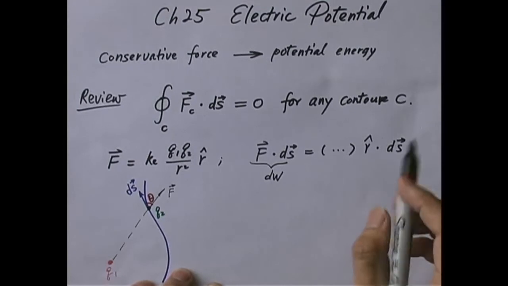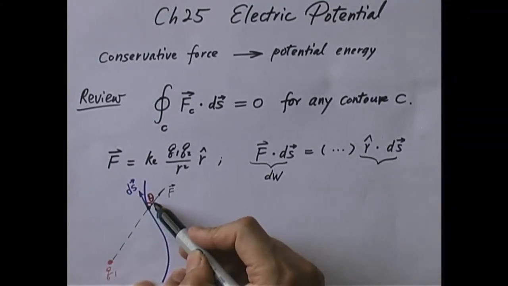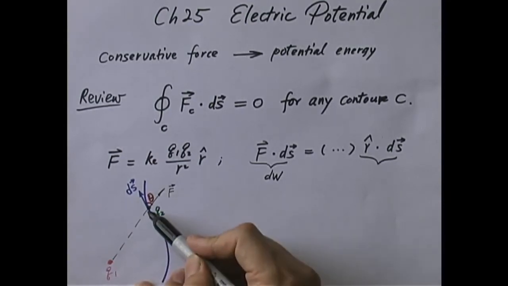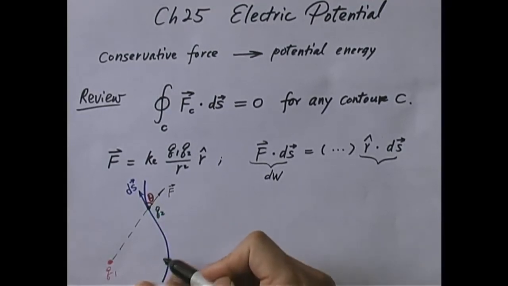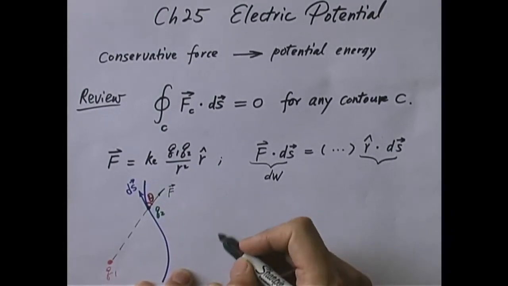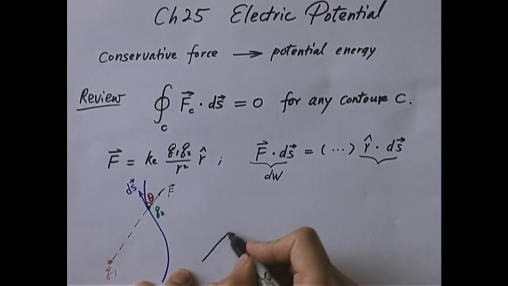Now let's take a closer look at r-hat dot ds. R-hat, as you know, is the unit vector along the radial direction connecting q1 and q2, and then ds is that way. The angle between them is theta. Of course, this theta can change as q2 goes along a variable path. Let me draw a bigger picture here.